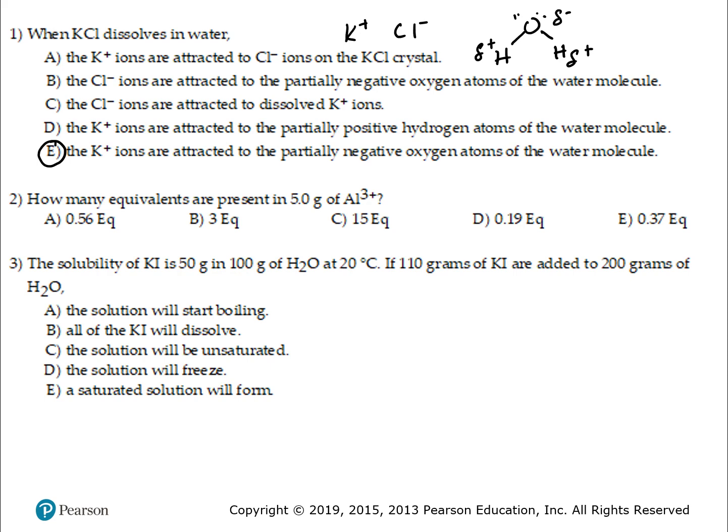In order for something to dissolve in water, the water needs to interrupt the interactions within the compound itself. So we've got to choose one that talks about how the water interacts with the ions, either the potassium or the chlorine. And the only one that does that correctly is E, where the potassium ions are attracted to the partially negative oxygen atoms of the water molecule.